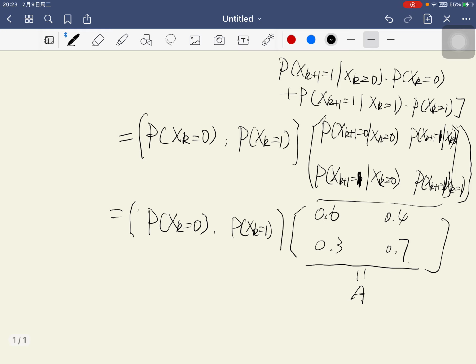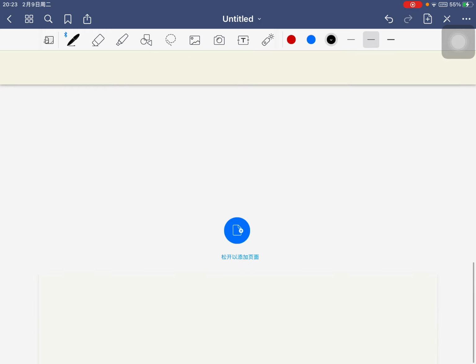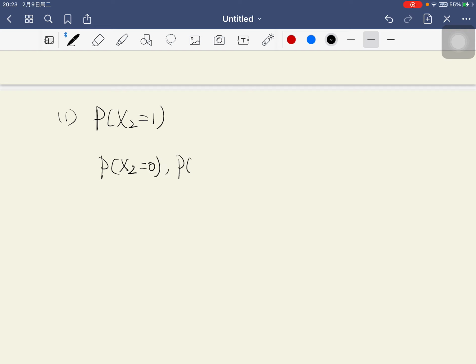For question 1, if we want to find the probability of x2 equals 1, we can compute the matrix of the probability of x2 equals 0 and the probability of x2 equals 1.